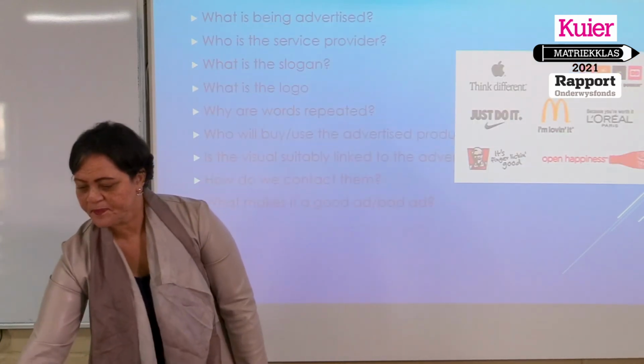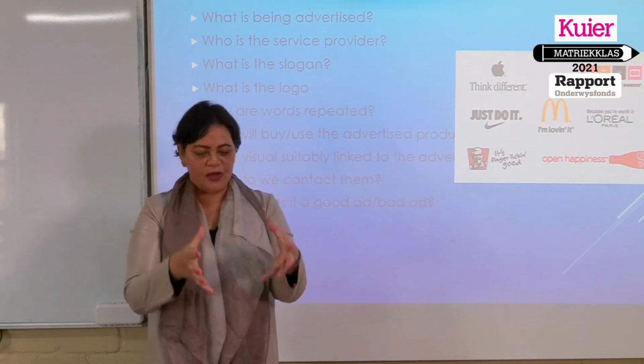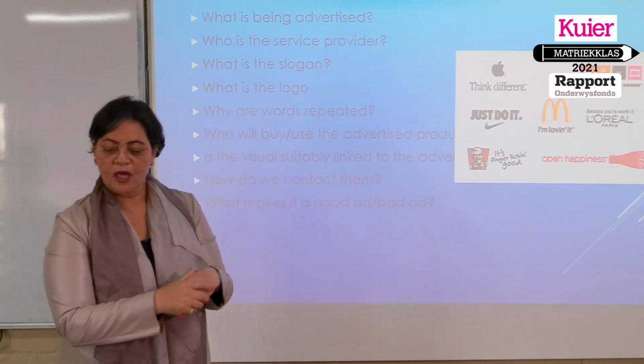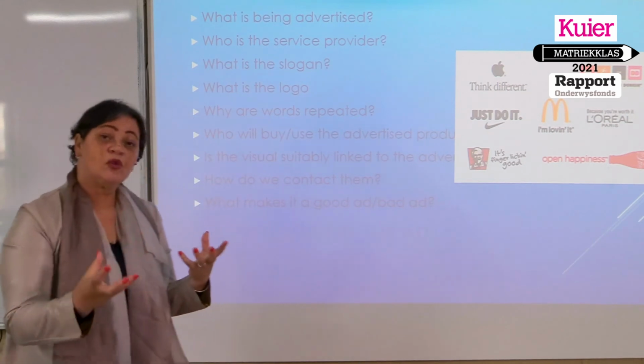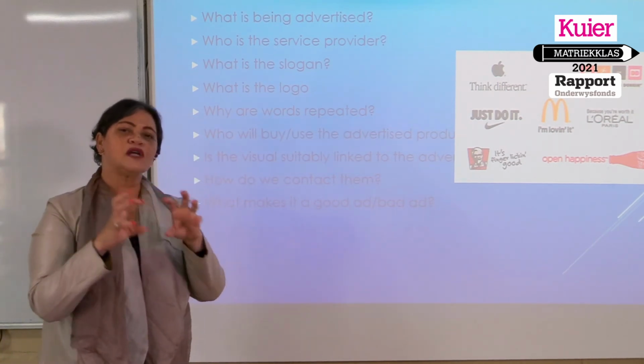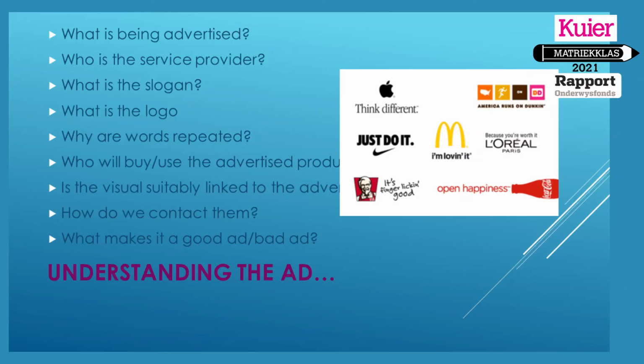Okay. Now, ultimately, when you are looking at an ad, you need to know these things. Okay? You need to know, because these are questions that you can be asked in different ways. But before you are asked the questions, you need to analyze the ad. How do you do that? What do you look at? What's being advertised? Is it a product?